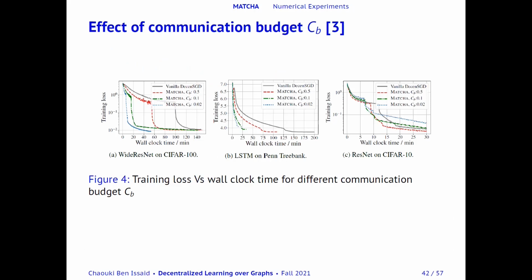When the communication budget is decreased, Matcha attains significantly faster convergence with respect to wall clock time in communication-intensive tasks, in particular on CIFAR-100, presented in the subplot on the left. Matcha with CB equal 2% can take 5 times less wall clock time than vanilla decentralized SGD to reach a training loss of 0.1.